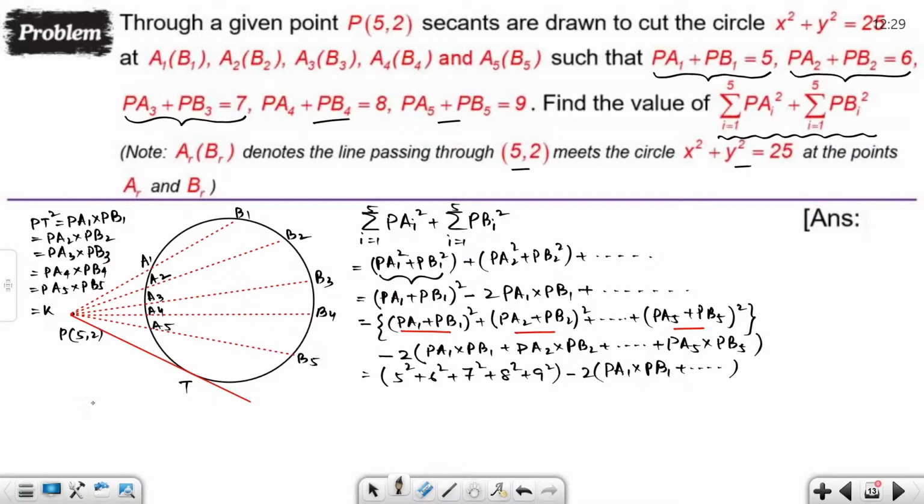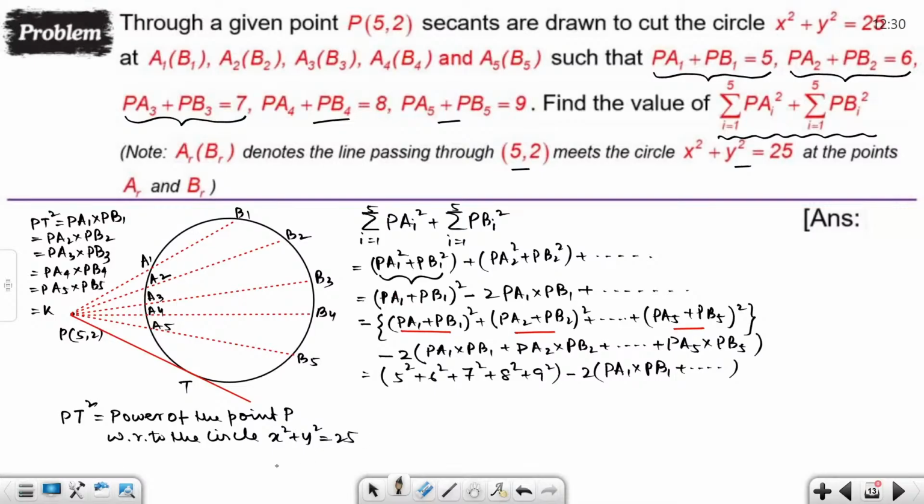So now, what is your PT square? What is actually PT square? This is basically the square of the length of the tangent, which is the same as the power of the point P with respect to the circle x square plus y square equals 25.